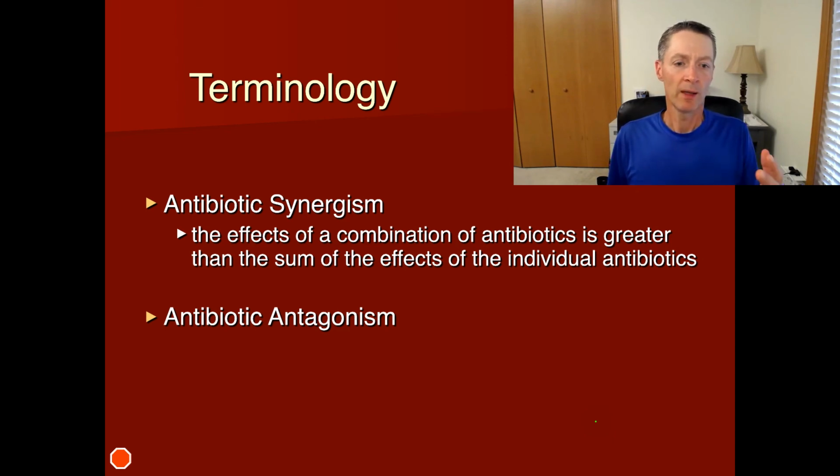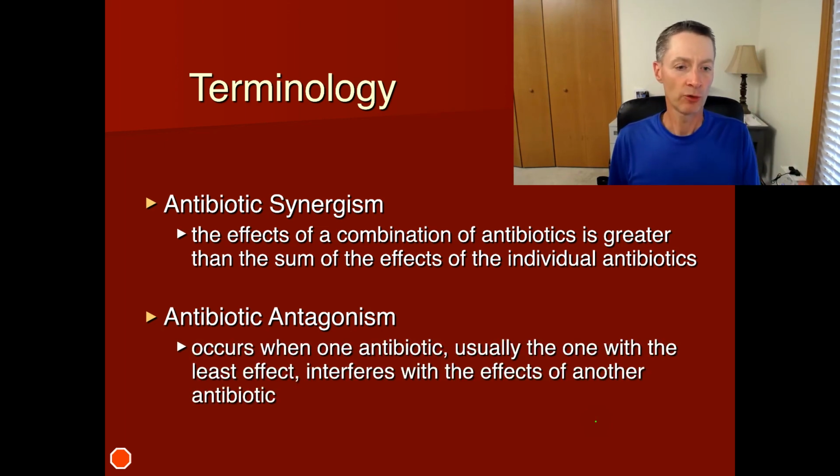So here, when one drug has an antagonism with another, it's going to lessen the effectiveness. It's the opposite of a synergy, where it multiplies the effectiveness, right? So this occurs when one antibiotic, usually the one with least effect, interferes with the effects of another antibiotic, right? So it's going to lessen the ability to treat that infection.